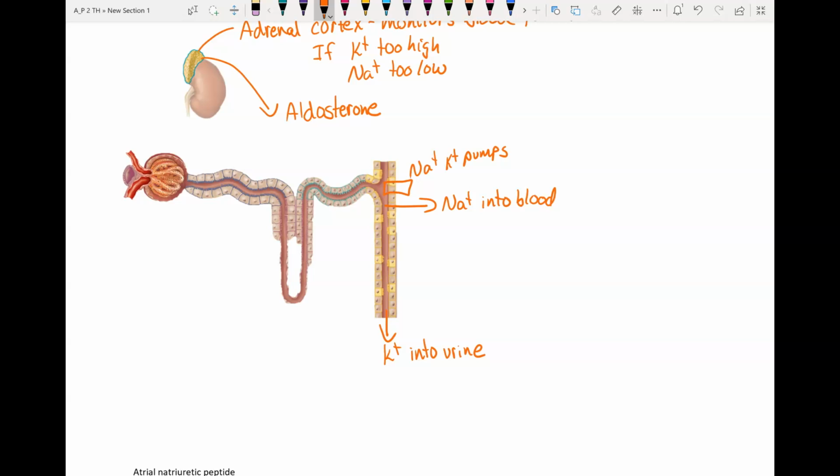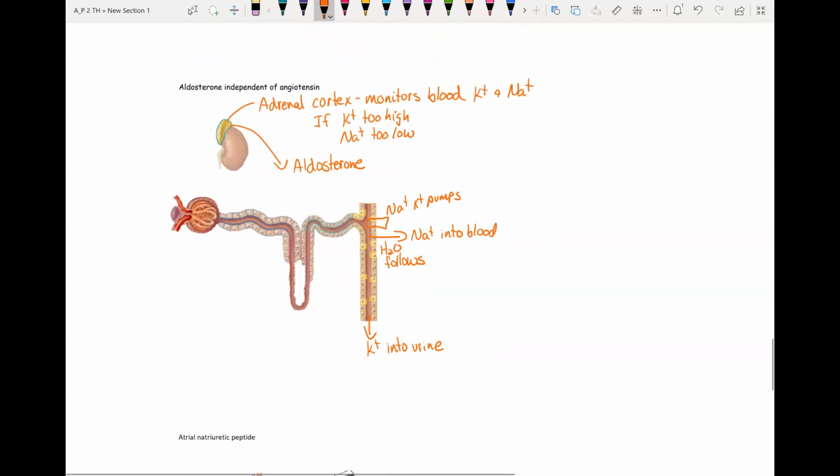Your potassium was too high, so you're getting rid of potassium in your urine. Your sodium is too low, so you're putting sodium back into your blood. And remember also that wherever sodium goes, water follows. So whenever you have aldosterone, you gain sodium and water into your blood. You lose potassium through your urine.